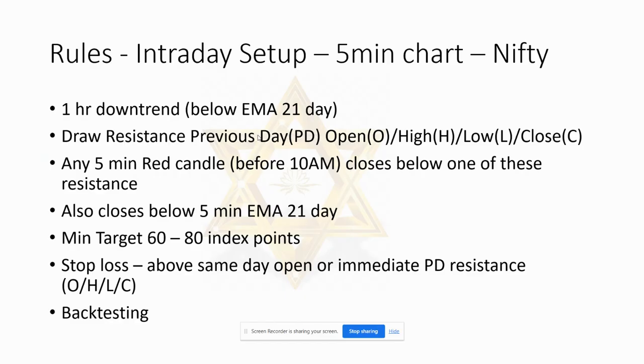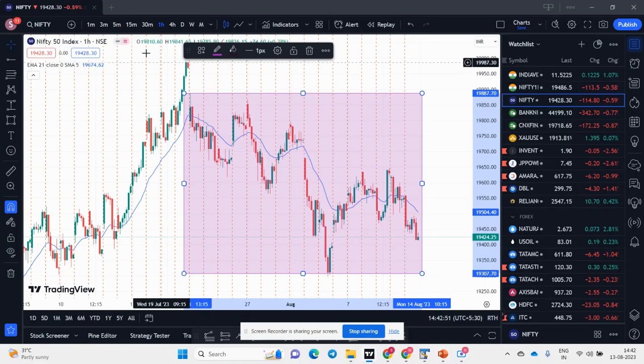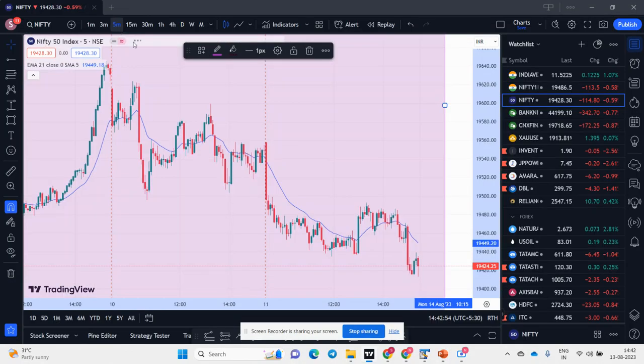So the first rule we are meeting, and the second thing is we need to draw lines, which we call resistance or support, based on the market when we are going to start trading. For example, we need to mark these four lines on the previous day. If I am going to trade on August 11th, I need to draw these lines on 10th August.